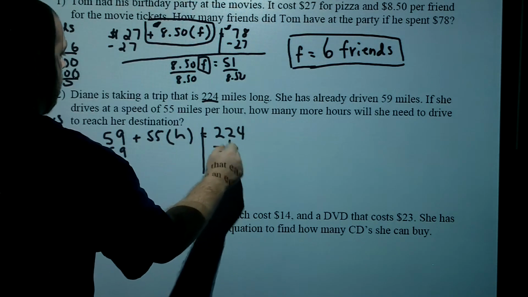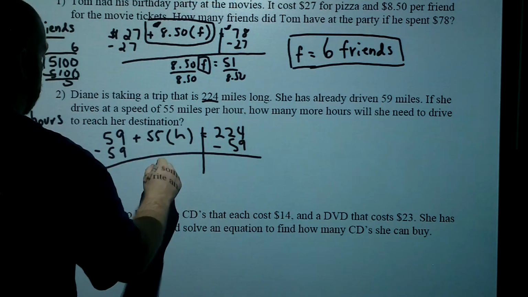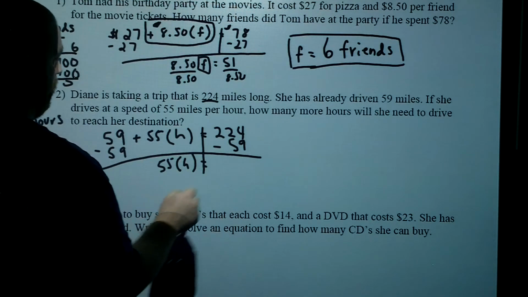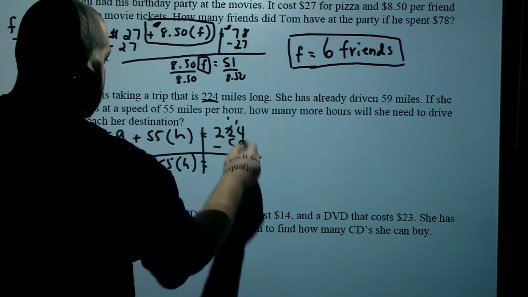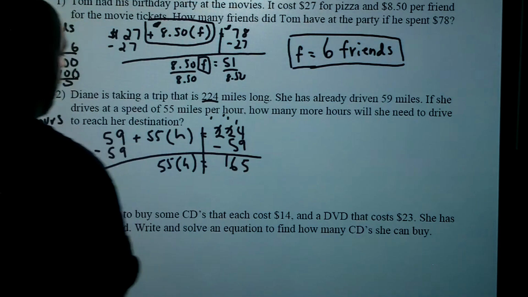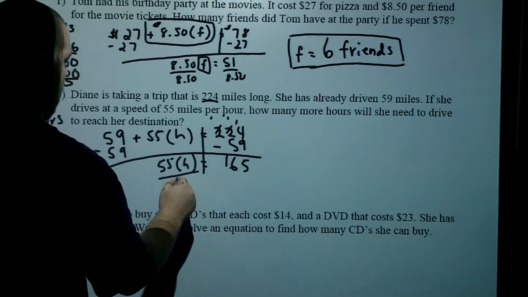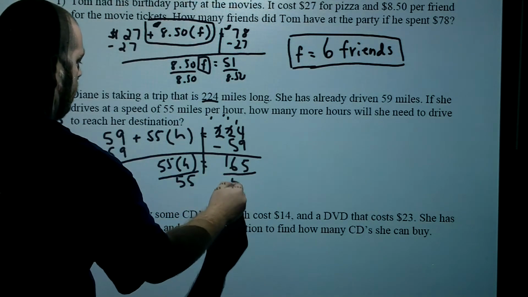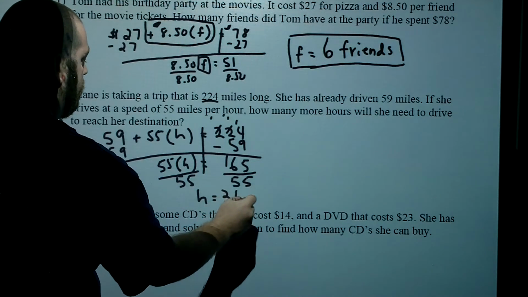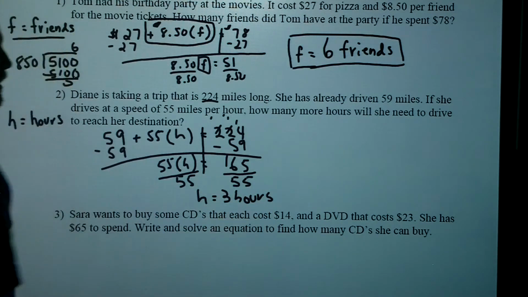That's how far she already has driven. So 55 times H equals 165. And divide by 55, how fast she's going. So H is going to be 3 hours. So that's how much farther she has to go, is 3 hours.